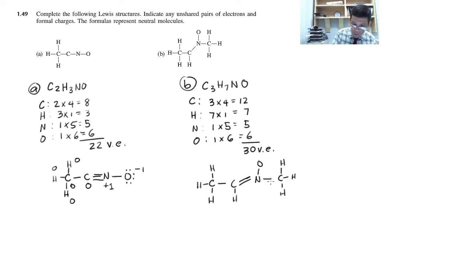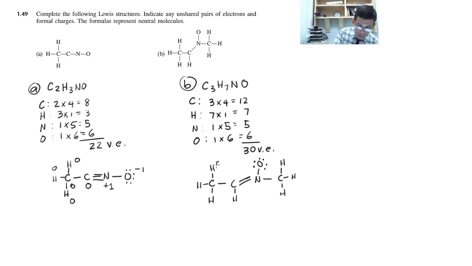That carbon has 2, 4, 6, 8 around it. That oxygen has 2, so therefore it needs to get 3 unshared pairs around it. Okay, that then is our Lewis structure. Let's check if we have the correct number of valence electrons. 2, 4, 6, 8, 10, 12, 14, 16, 18, 20, 22, 24, 26, 28, 30 valence electrons. And the carbons, the nitrogen, and the oxygen all have an octet, so therefore that's a valid Lewis structure.